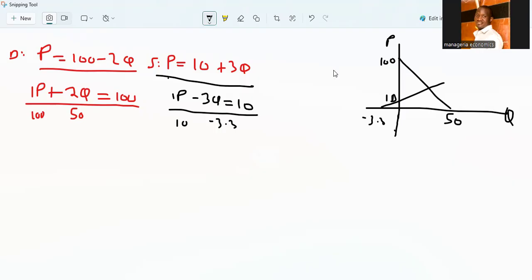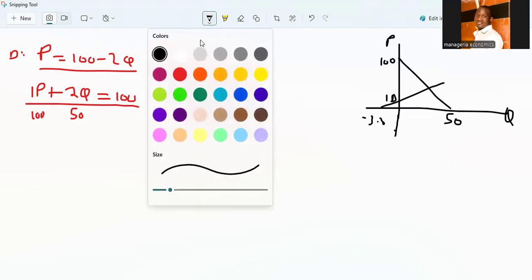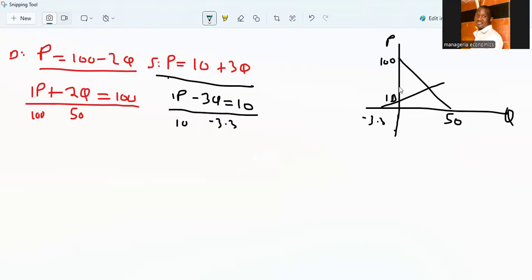Okay, so now we need to identify our equilibrium. Equilibrium is where demand and supply meet. So what did you say demand is? Equilibrium is where demand is equal to supply. What was our demand? 100 minus 2Q. What is our supply? 10 plus 3Q.